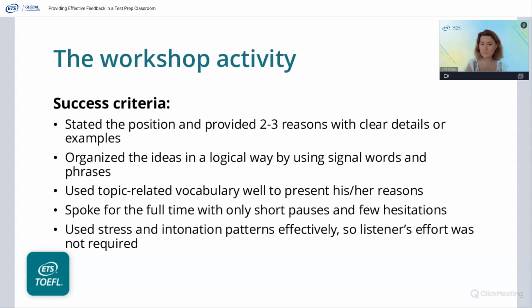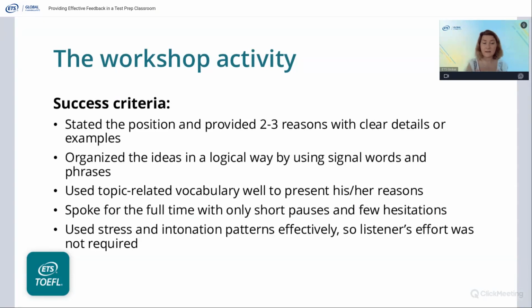remember only one of those success criteria for the activity. And my colleague later, as we listen to the sample, will actually paste those for you in the chat, or since she has already done it, so that you can have those points in front of your eyes as you listen, okay?